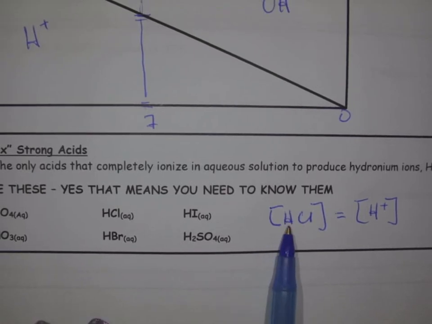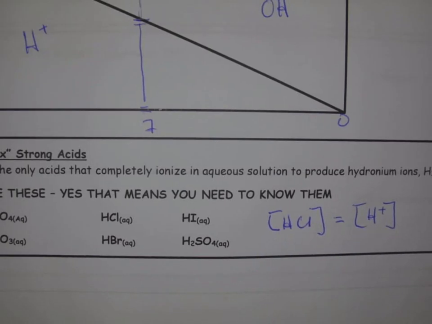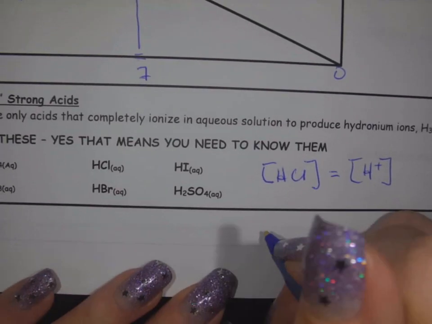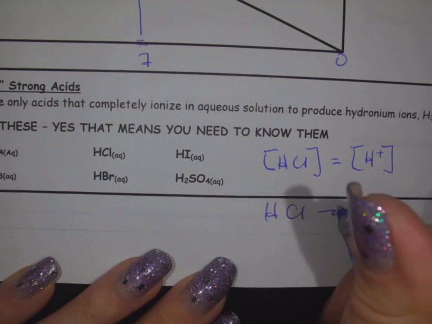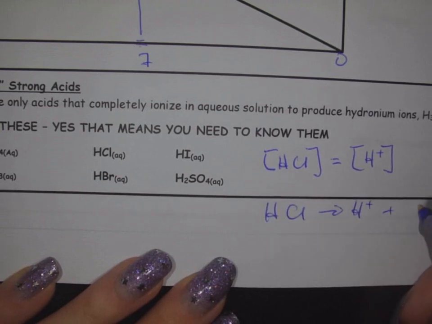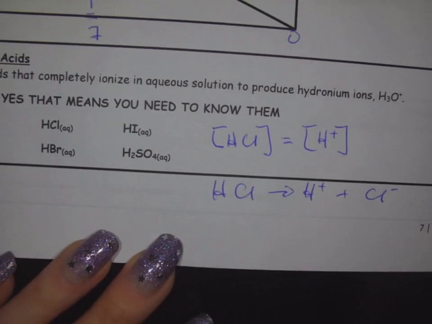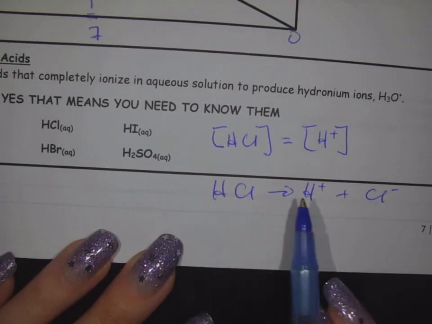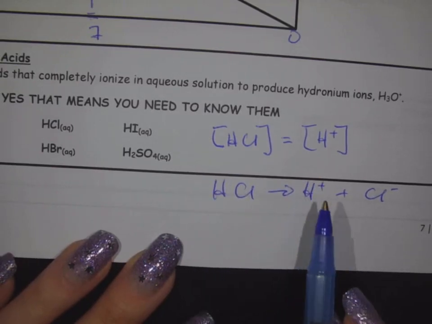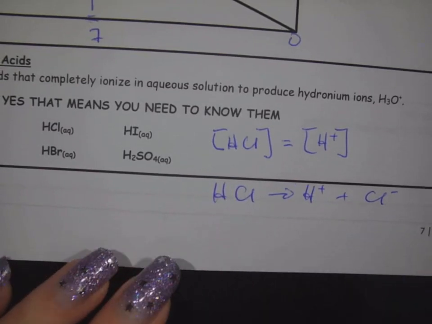Every single one of these hydrogens bonded to the chlorines in a solution, they actually break apart, so all of them are actually H pluses. HCl turns into H plus and Cl minus, right? So however many of these you have, it's actually the same amount of this and this, so they all broke apart.